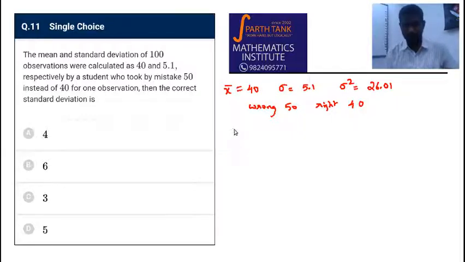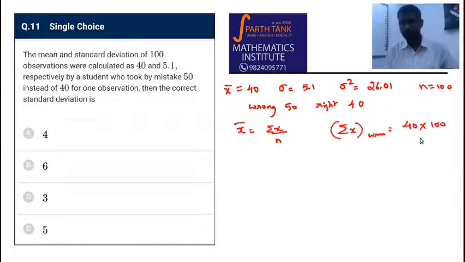First thing, mean. We know that x bar is summation of x upon n. Therefore summation of x, the wrong value, is equal to the wrong mean, which is 40, into n, which is 100 by the way. So 4000.